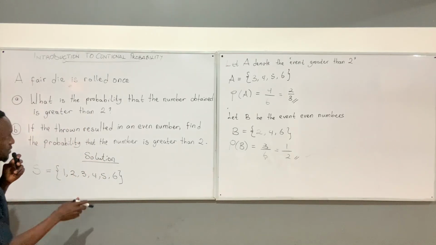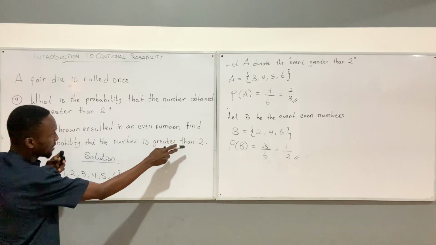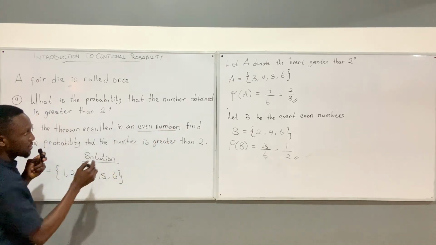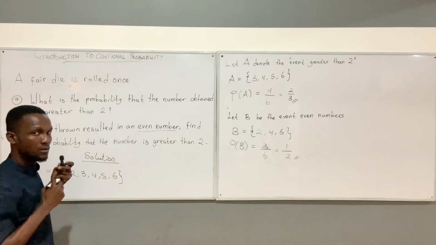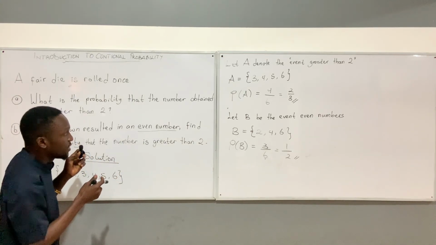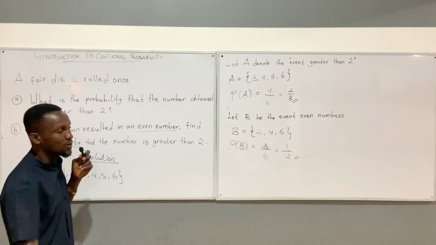Now the question said, find the probability that the number is greater than 2. We are interested in the event even numbers occurring. Put this in your mind. Now I'm shifting to conditional probability. The condition said that the event even numbers has already occurred.